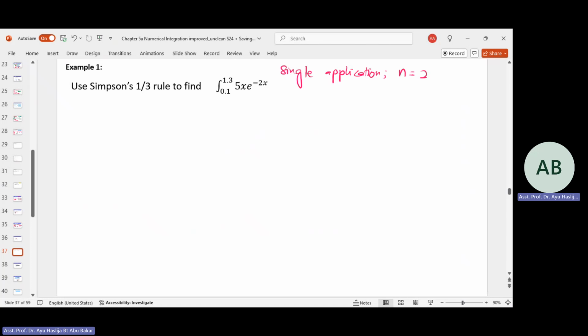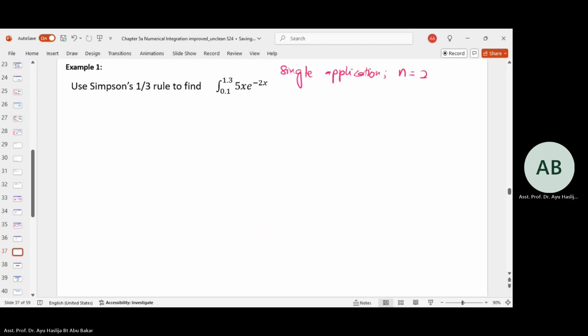If it doesn't mention, you can put your own assumption. Because we only touch single application, we use single application. Later, when we touch multiple application, you can assume how many n's you want.